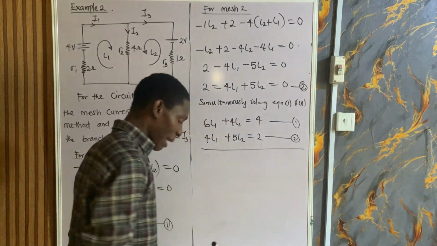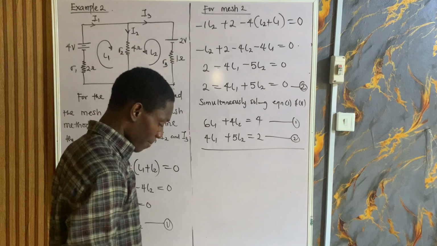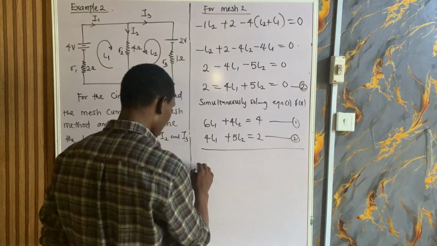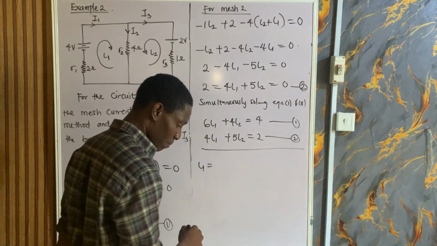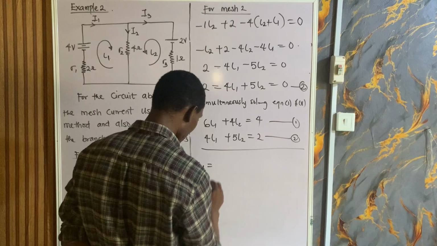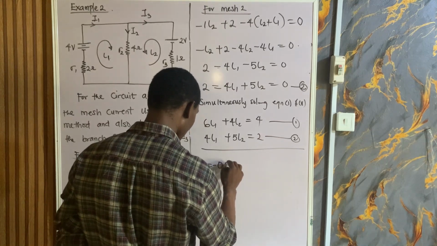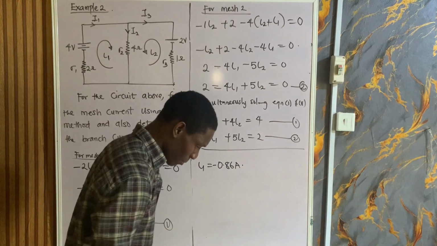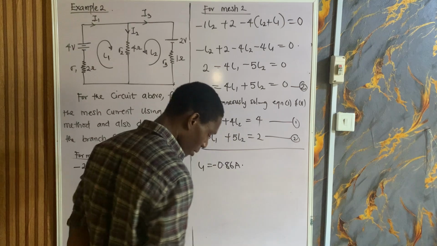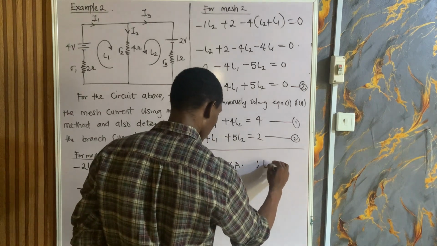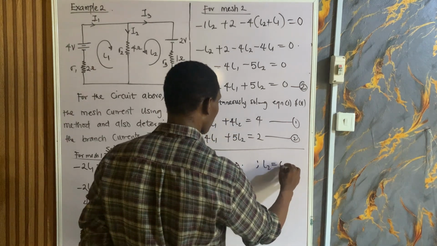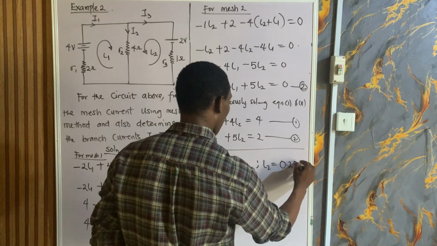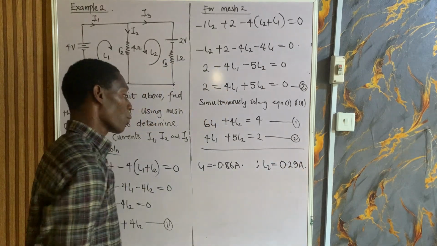If we solve simultaneously, I'm just going to give the answer. We get I1 to be equal to, I solved this in my material before, minus 0.86 ampere. That's my I1. And my I2 is 0.29 ampere. You can solve that on your own actually.